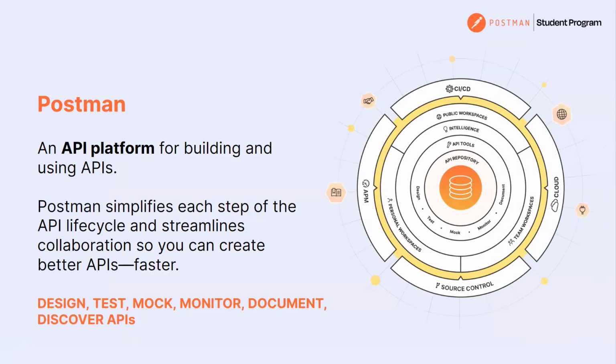Postman is an industry standard tool that we use to do API testing, and it is an API platform for building and using APIs. Postman simplifies each step of the API life cycle and streamlines collaboration, so you can create better APIs faster. We can design, test, mock, monitor, document, and discover APIs using Postman.